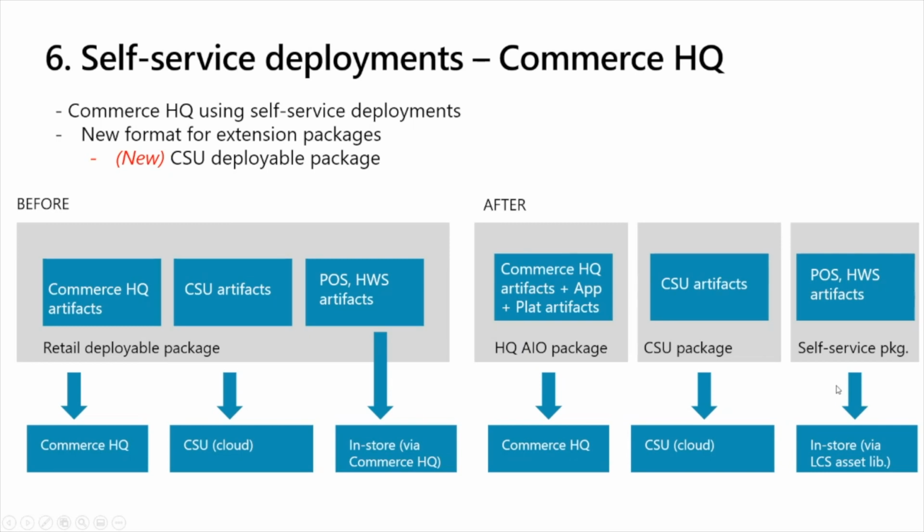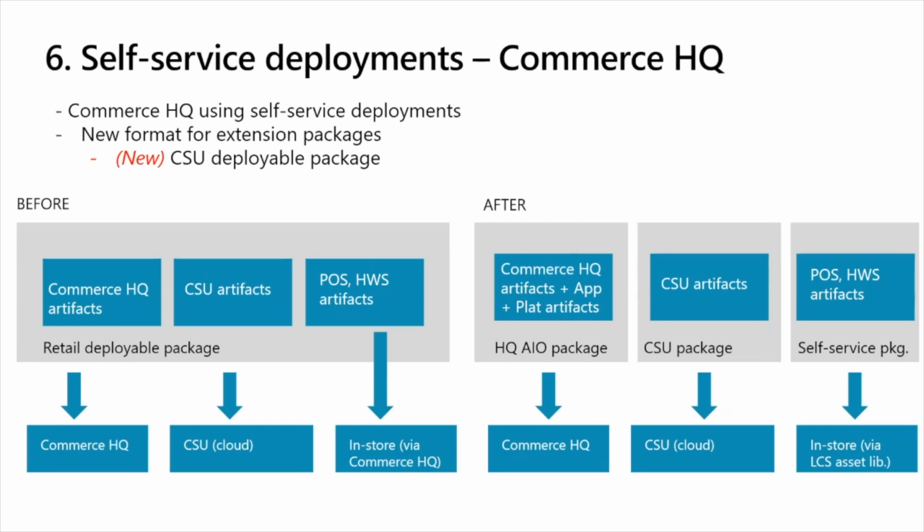The other improvement we made is that your self-service packages are no longer deployed to Commerce HQ. Although the functionality that we had before is preserved and it's transparent to you, behind the scenes, the process is significantly improved. So you can still go to Commerce HQ and download the artifacts for your in-store components, but the performance is going to be much, much faster.